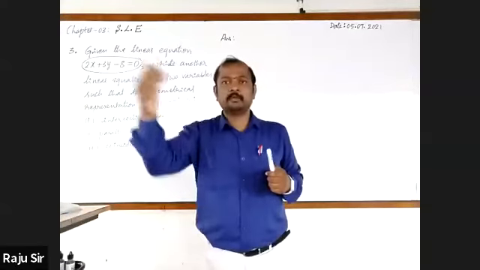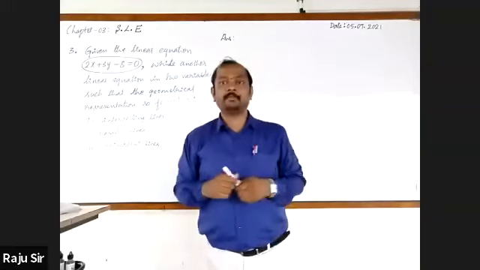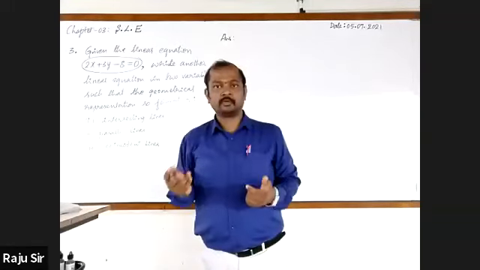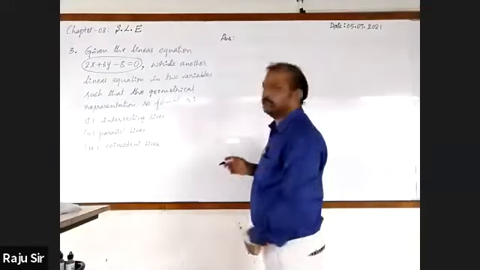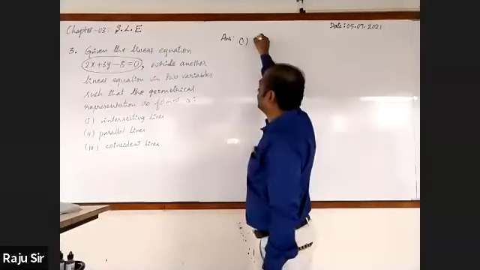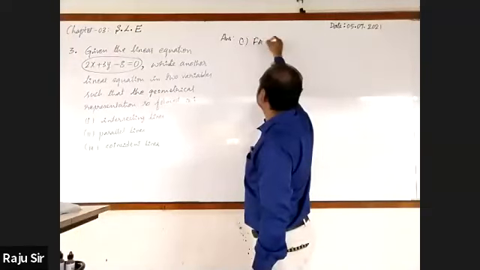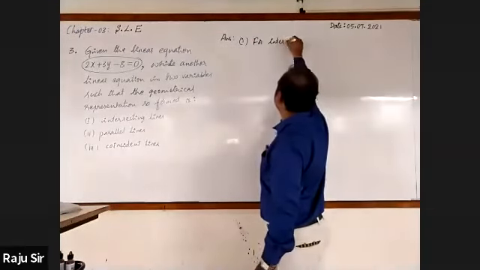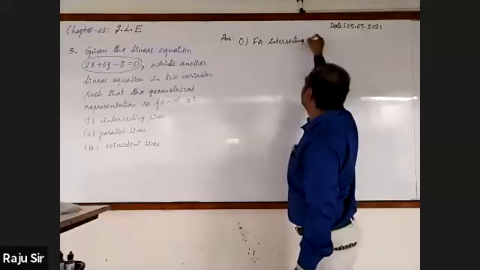That is, A1 by A2 is not equal to B1 by B2. Got it? So let's take such an equation, first one, for intersecting lines.